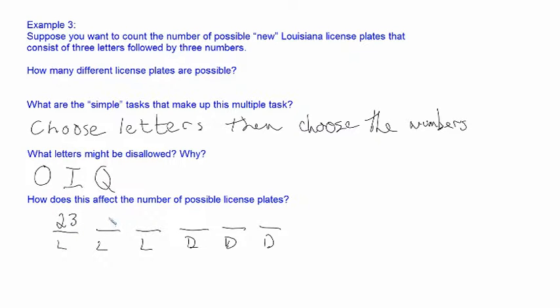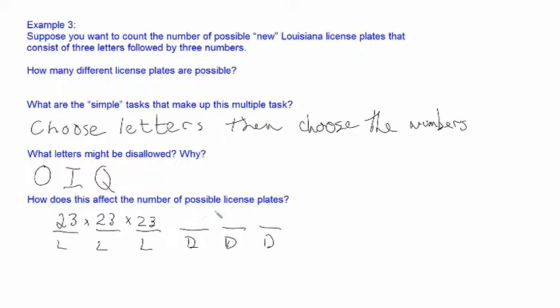Nothing in the problem says that a letter can't repeat, so we would also have 23 choices for the second slot, 23 choices for the third slot. And so we'd have that product, 23 times 23 times 23, being the number of different ways we could choose the 3 letters on the license plate.